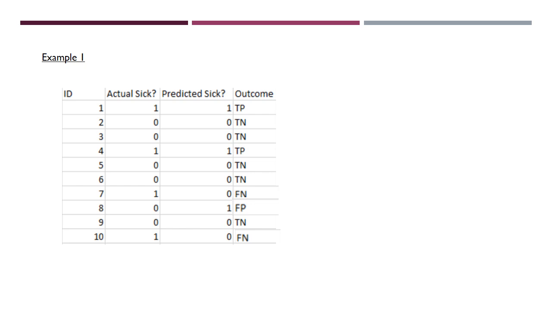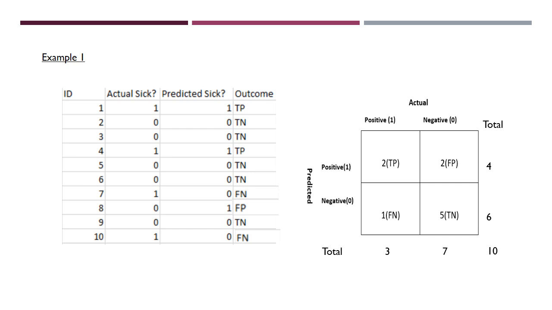If the actual patient was sick and the model also predicted sick, then it is true positive. If the patient was not sick and the model also predicted not sick, then it is true negative. So there are no errors. What was the actual value? The same was predicted by the model. Same goes for the third, the fourth, and the fifth.